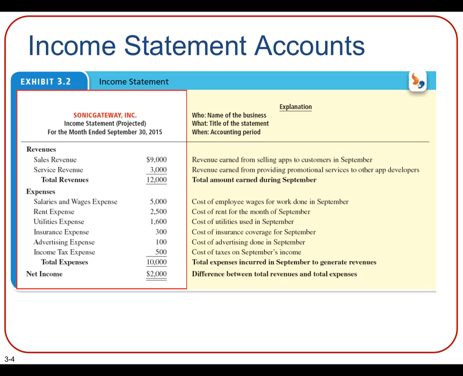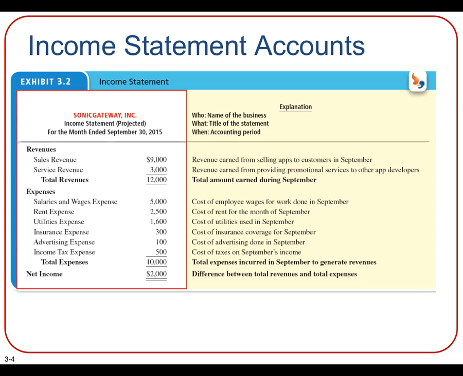For an income statement, you could do a whole year's worth, a one-quarter income statement, one month, or even weekly if it makes sense, right? So you have to make the time assumption here. This one is just for one month, so it's for the month ended September 30th.